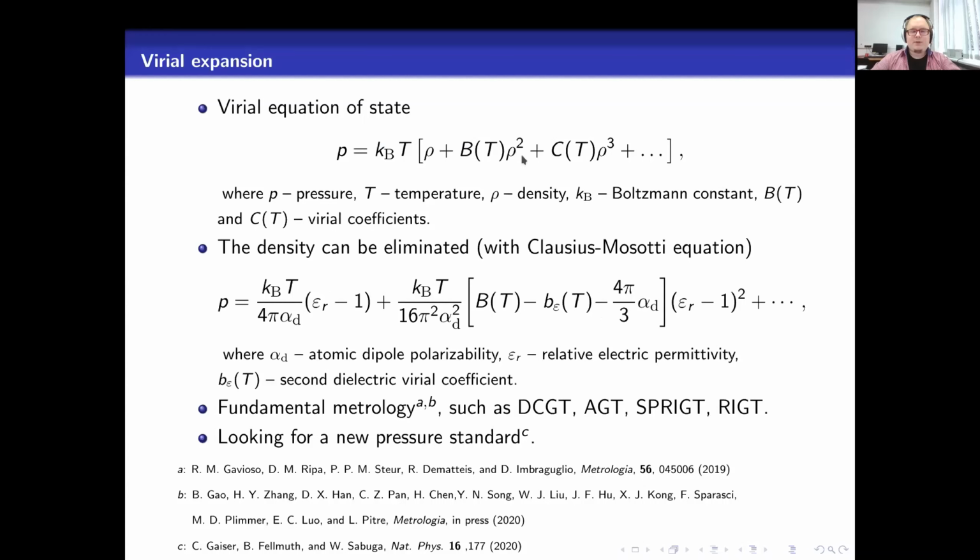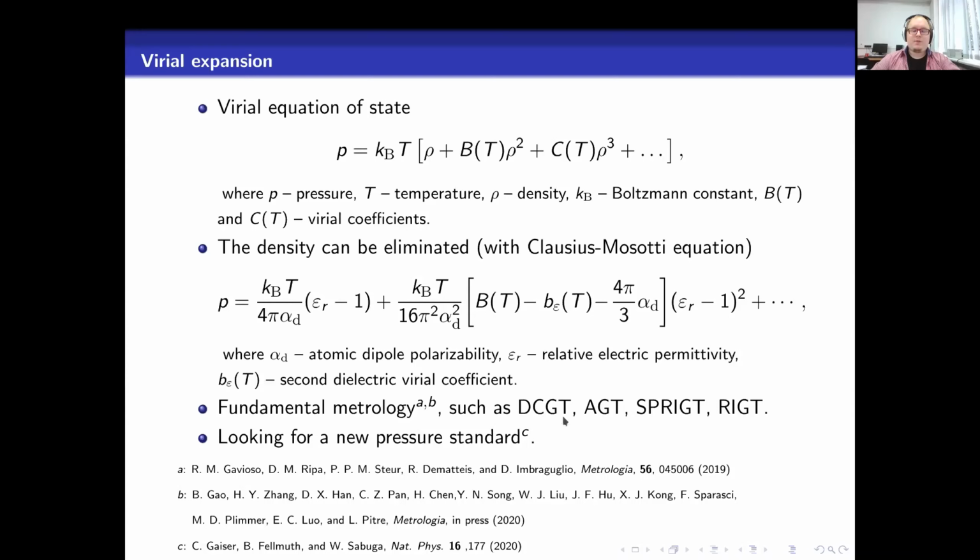We are mainly interested here in the second virial coefficient B. As Michał Przybytek told, the density can be eliminated by using the Clausius-Mossotti equation. We can arrive at equations dependent either on the refractive index or, as it's presented here, on relative electric permittivity.